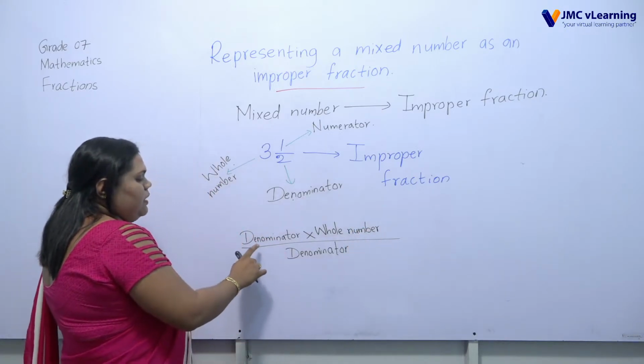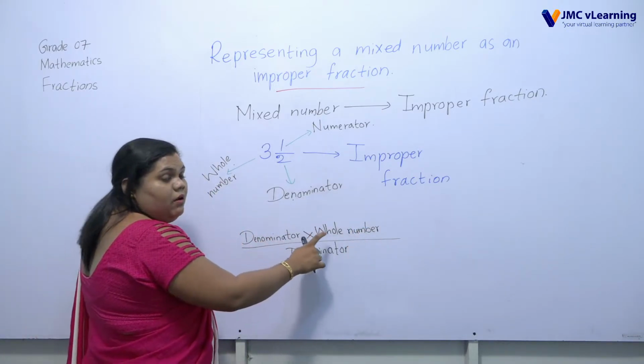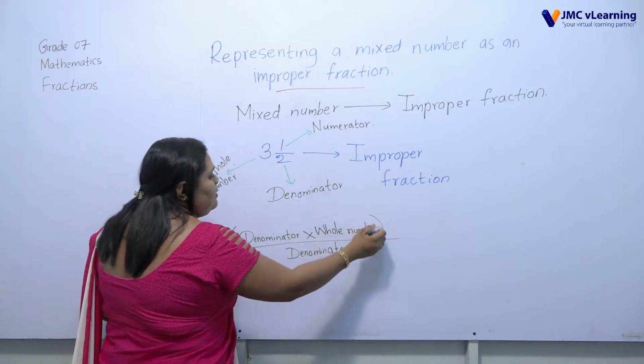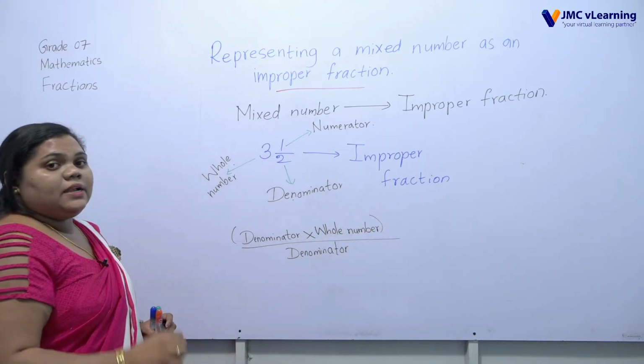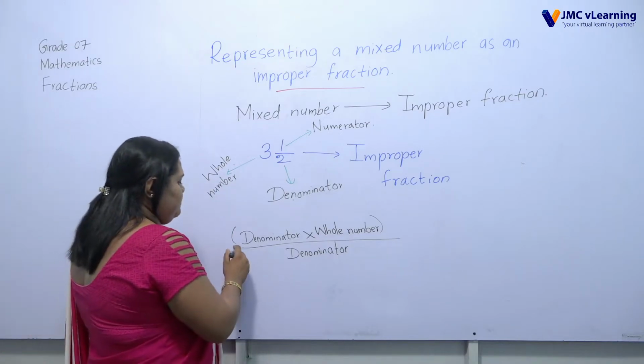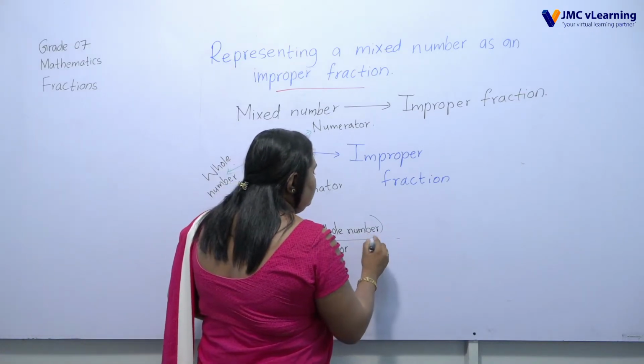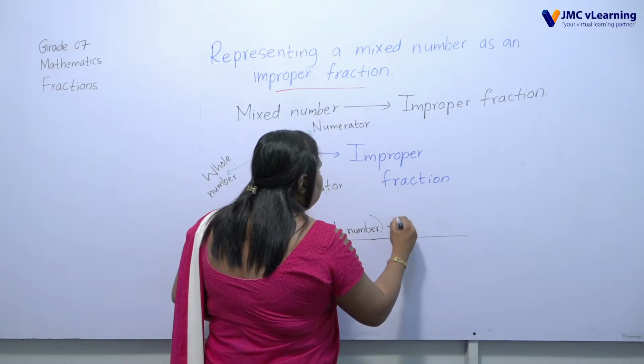Okay, children, you want to multiply the denominator and whole number together, and after that you want to add the numerator to it.